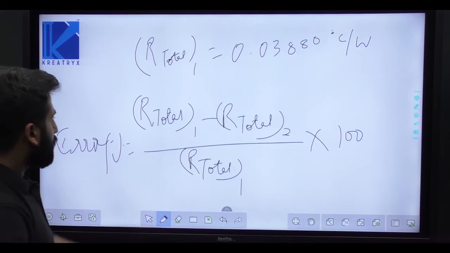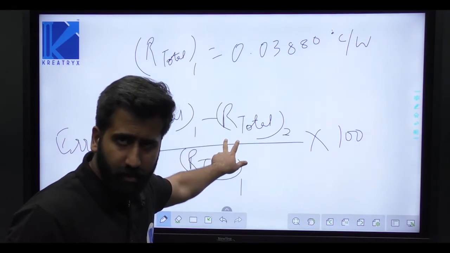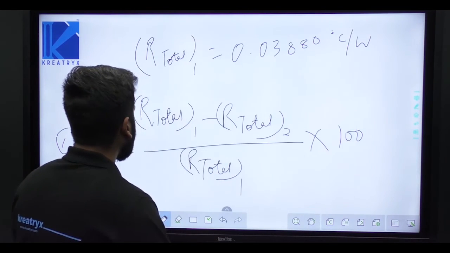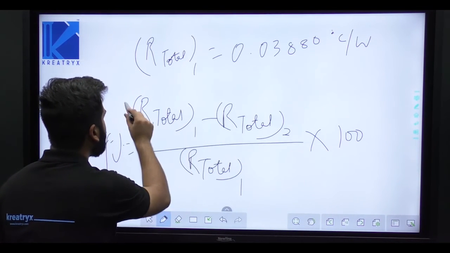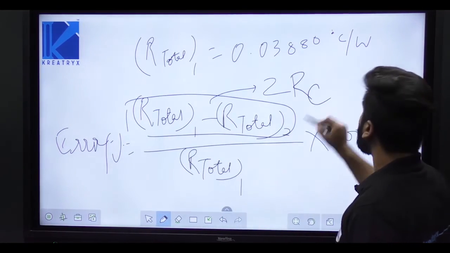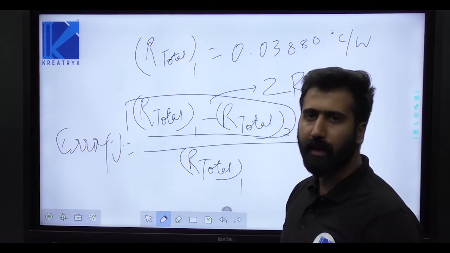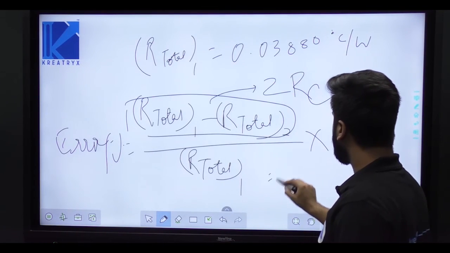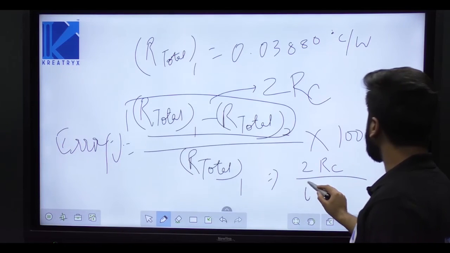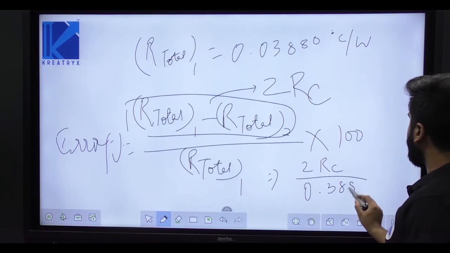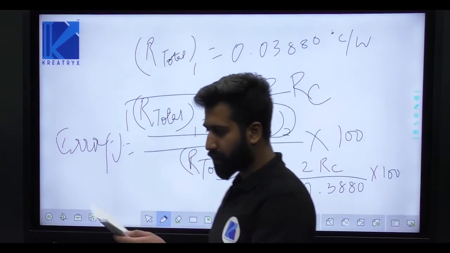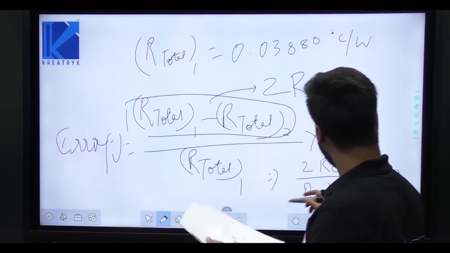The difference of the resistances in the two cases upon the initial case into 100 is my answer. When I subtract, you will only get twice the contact resistance because the other terms will get cancelled out. So this is 2 RC upon R total in the first case, that is 0.03880, into 100.